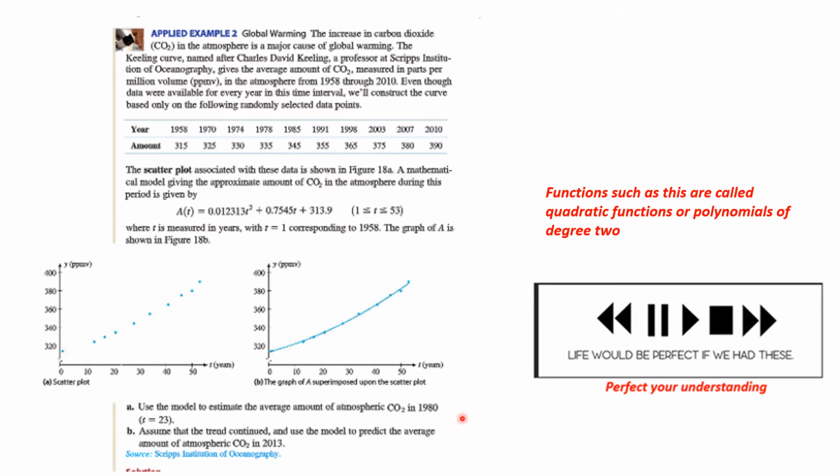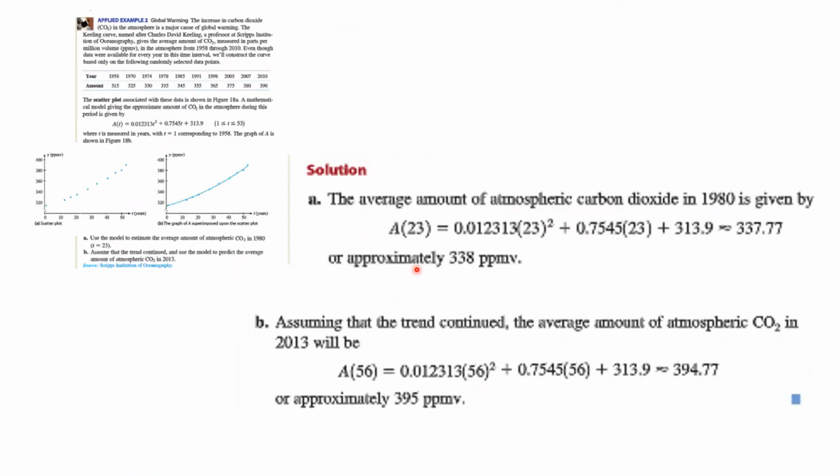Here's what you're supposed to do. Use the model to estimate the average amount of CO2 in 1980, and assume the trend continues. Use the model to predict what happens in 2013. You know what to do. Let's see how you did. So you're plugging in 23, because that's what 1980 corresponds to, into the model that we have, and you round that off to 338 parts per million volume.